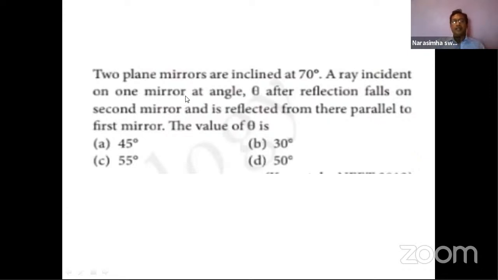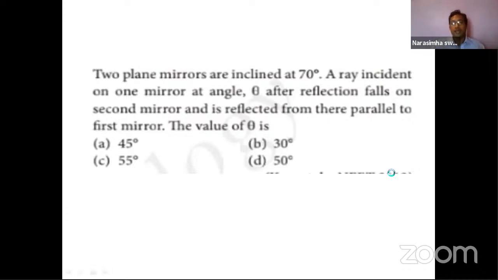After reflection, it falls on the second mirror, is reflected from there, and travels parallel to the first mirror. Then what could be the angle of incidence, it is asking.